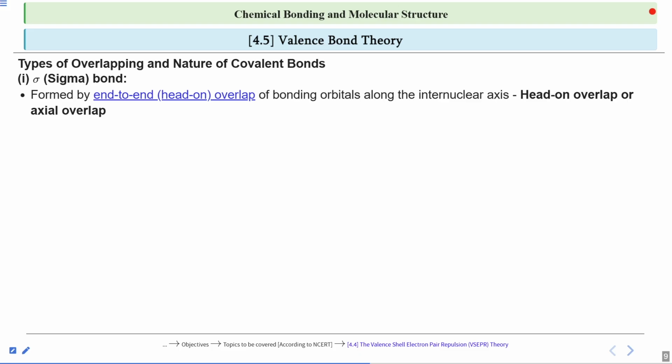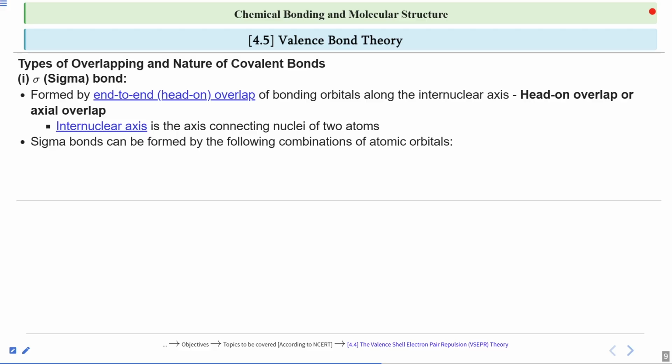Now what is the meaning of this head-on-head overlap? Whenever the overlap is along the internuclear axis, then that overlap is named as head-on-head overlap. Now what is the meaning of this internuclear axis? The axis which connects nuclei of two atoms. So that would be a good example of the internuclear axis.